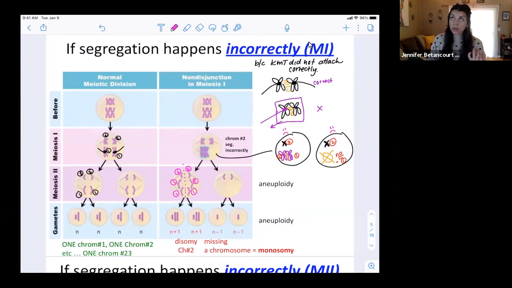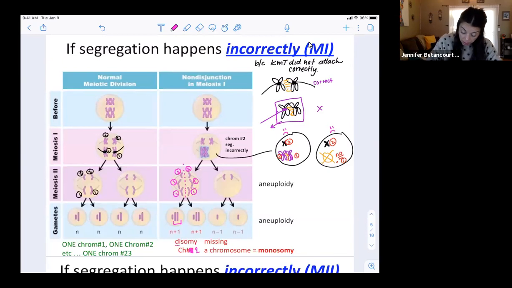And after telophase and cytokinesis 2, what you end up with are gametes. This gamete has 2 chromosome number 1s. Last semester I called that chromosome number 2. Okay, so we say that the gamete is disomy chromosome 1, or disomy 1.